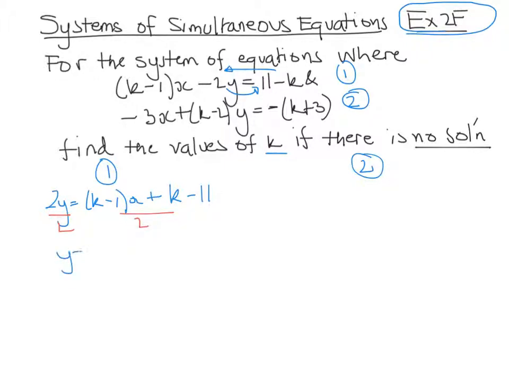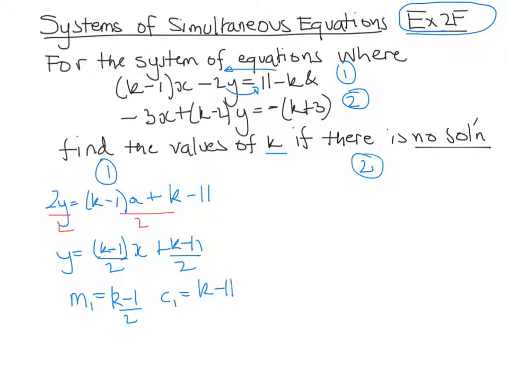That ends up with y equals k minus 1 over 2 x plus k minus 11 over 2. So the gradient for equation 1 is k minus 1 over 2, and C1, the first y-intercept, will be k minus 11 over 2.